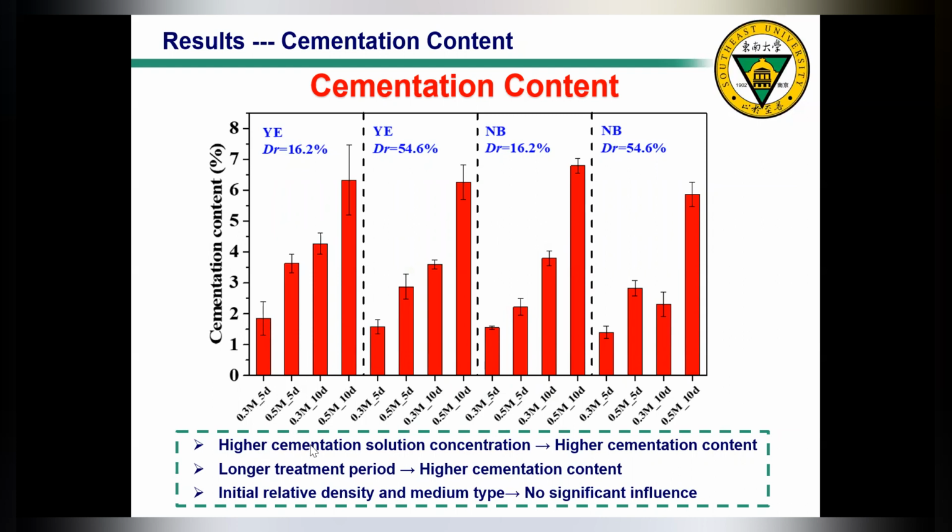So we can conclude that higher cementation solution concentration as well as longer treatment period could lead to higher cementation content. This is true for all 4 cases with different enrichment media and relative density. Meanwhile, if we compare these 4 boxes, the initial relative density and the medium type do not significantly influence the cementation content level.